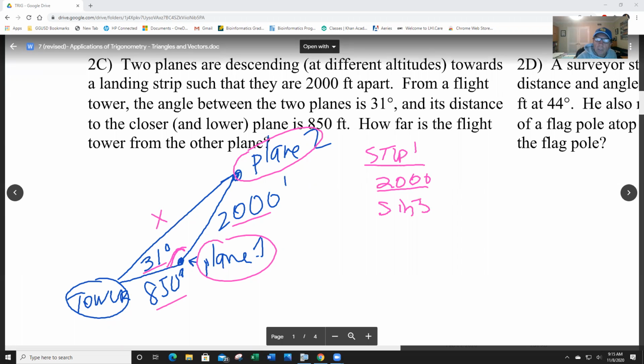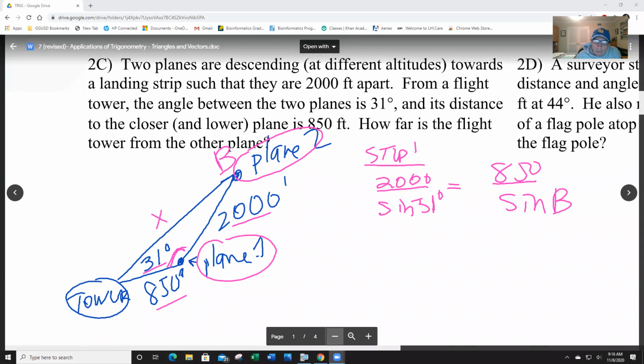Notice those are opposites. 31 degrees equals 850 over the sine, and I'm going to call this B for lack of a term, sine of B. Now, when you do this, you're going to have to do an inverse. So I'm going to go over to my calculator and do this, so you see it.